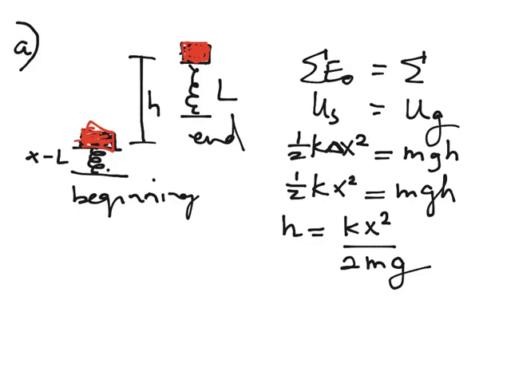In part B, it gives us a data table, and it asks, first of all, what quantities should be graphed so that the slope of the best fit line will allow you to find k.